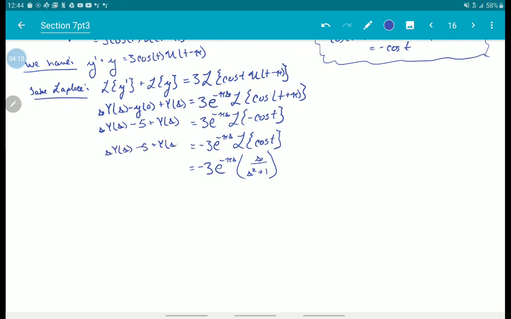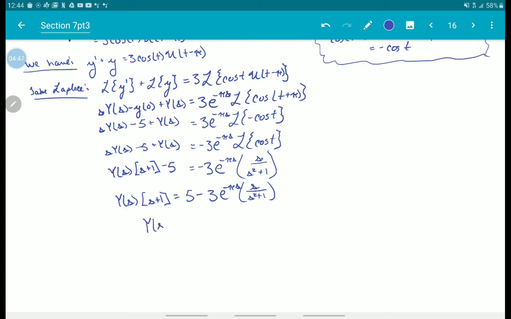But what we can go ahead and do is factor a Y of s out of the first and last terms. So now to get this by itself, we can move the 5. And then divide everything by s plus 1.